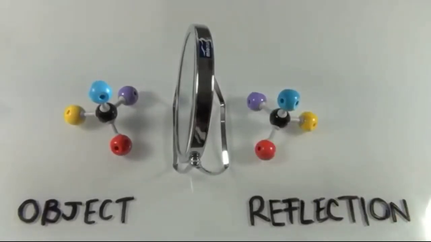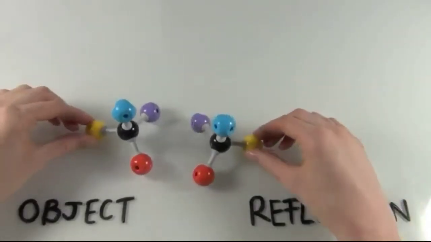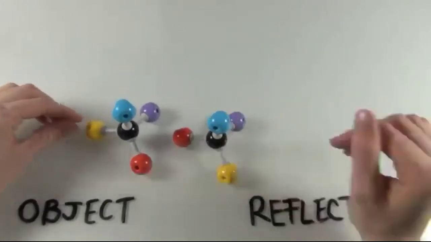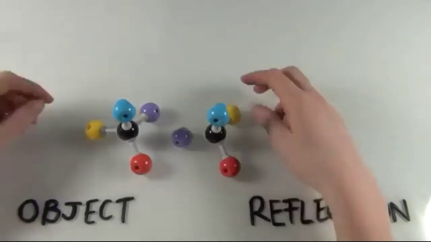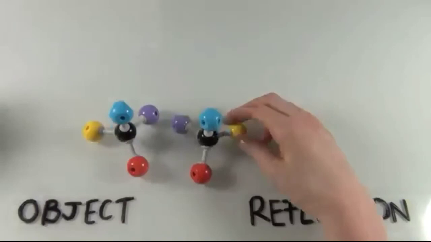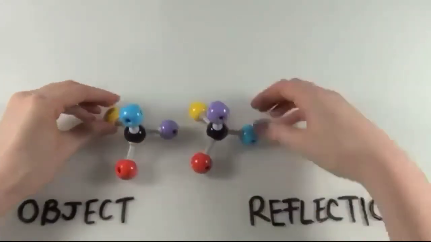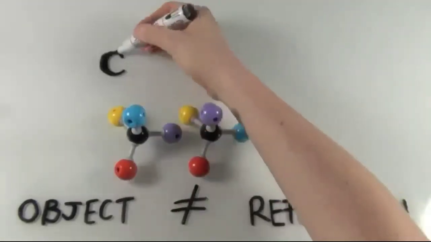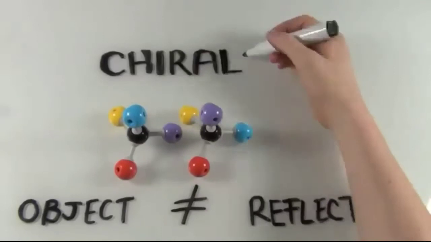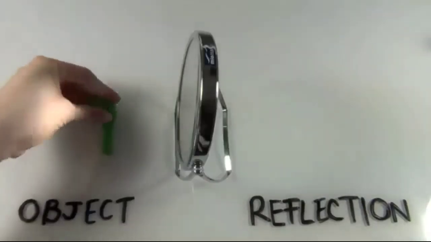As we can see, the object and its reflection are not identical, meaning they are not the same. So in that situation, the object is not identical to its reflection, and that is what we call chirality.